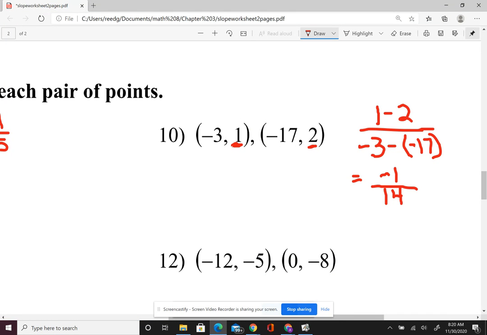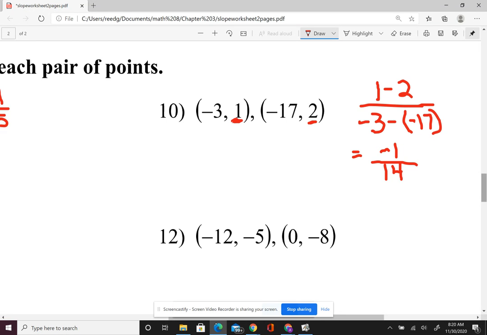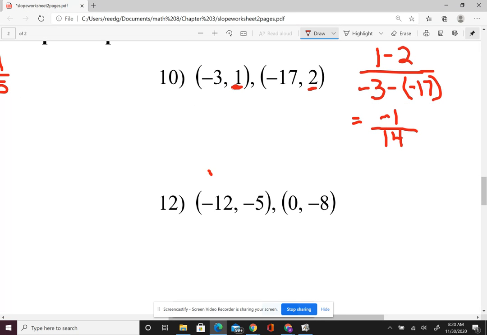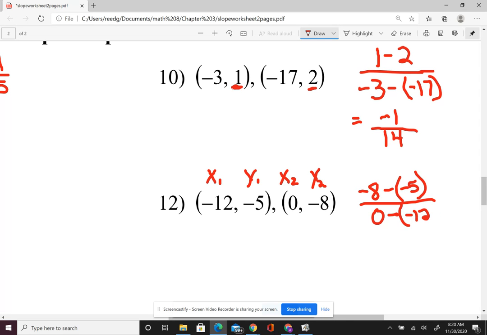So if it helps, let's do another one, and it might help you to just go through and say this is x1, y1, x2, y2, just so that you can see where each one of them are, and then putting your y's on top, negative 8 minus a minus 5 over 0 minus 12.